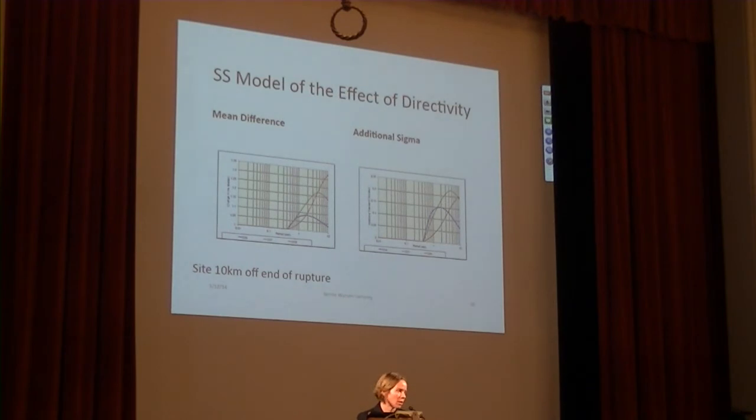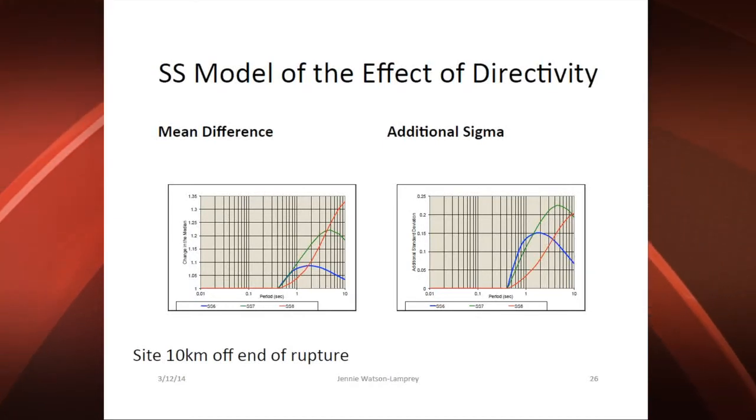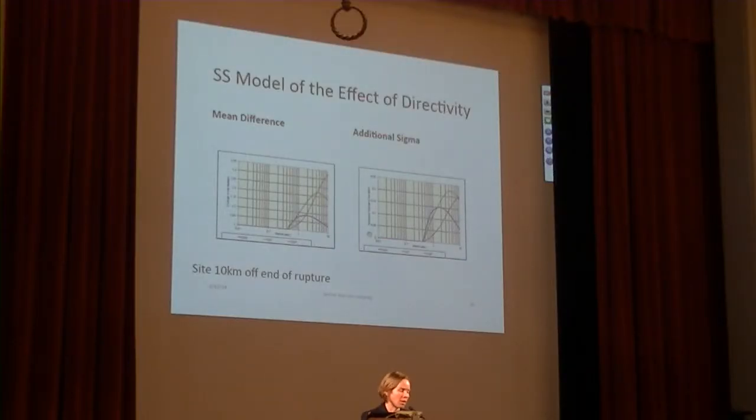So for the strike slip model, I'm showing on the left the mean difference for a site that is 10 kilometers off the end of the rupture. So this is the site that's seeing all that huge forward directivity pulse that gets predicted. So this is the largest increase in the mean that is calculated from this model for the strike slip cases.